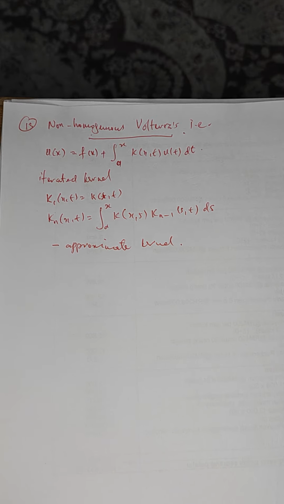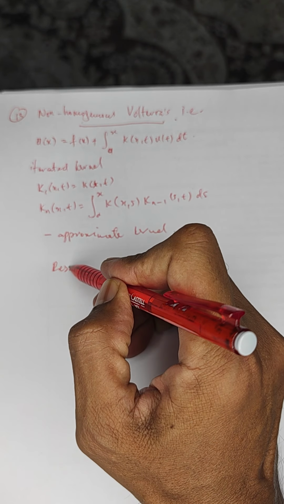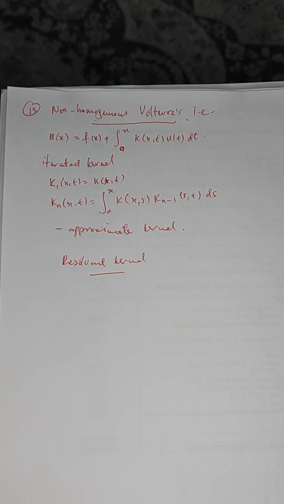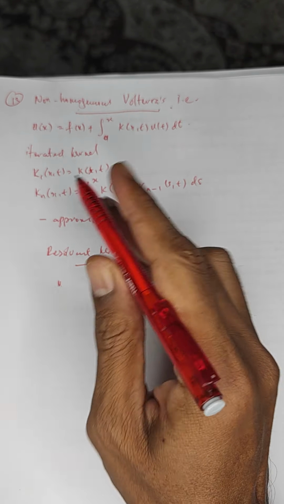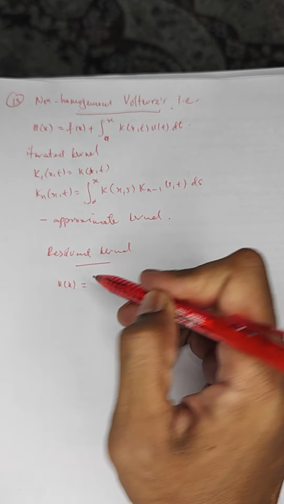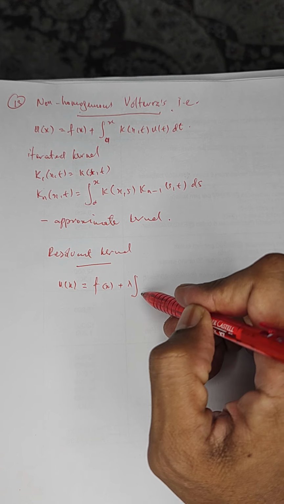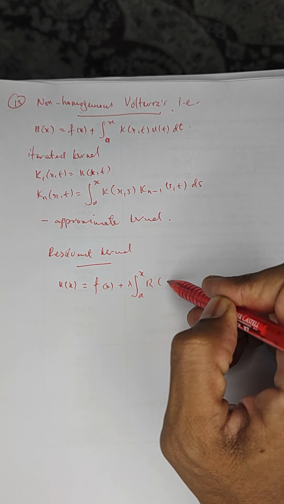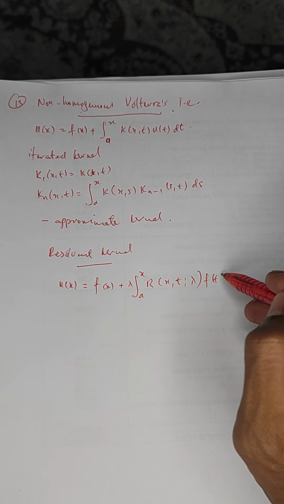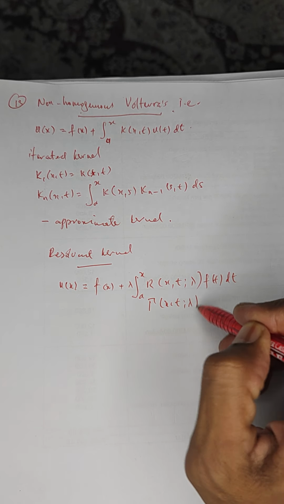And then for the resolvent kernel, the solution of the Volterra integral equation can be written in the form u(x) = f(x) plus lambda times the integral from a to x of R(x,t;lambda) f(t) dt, or you can use gamma(x,t;lambda).